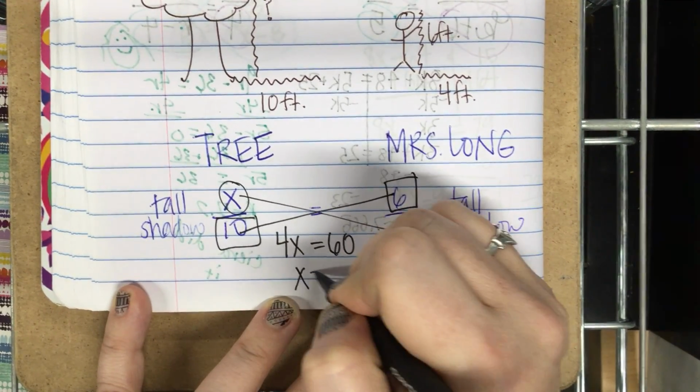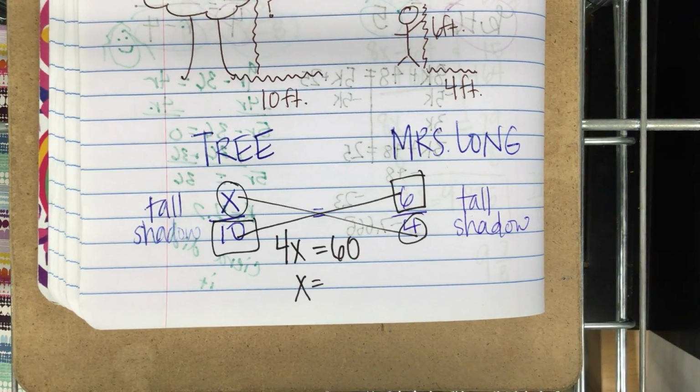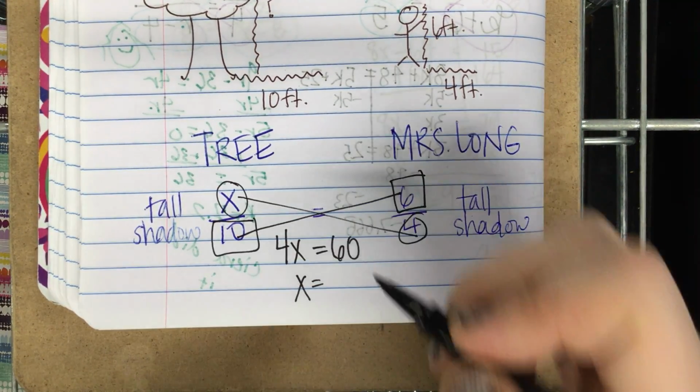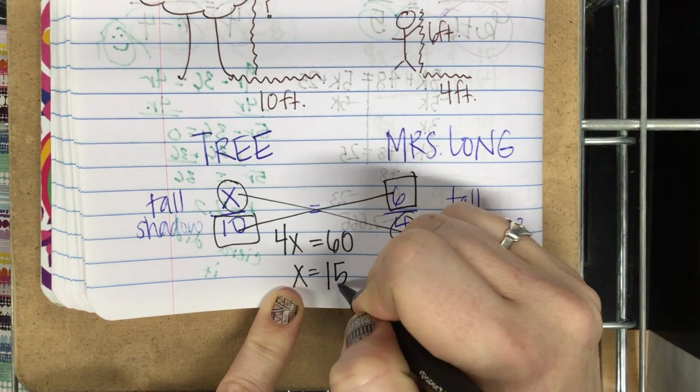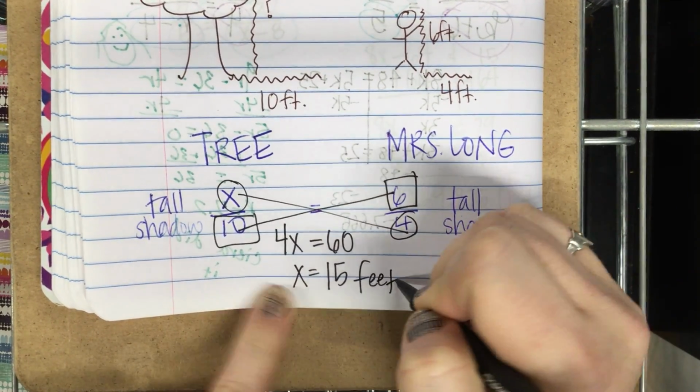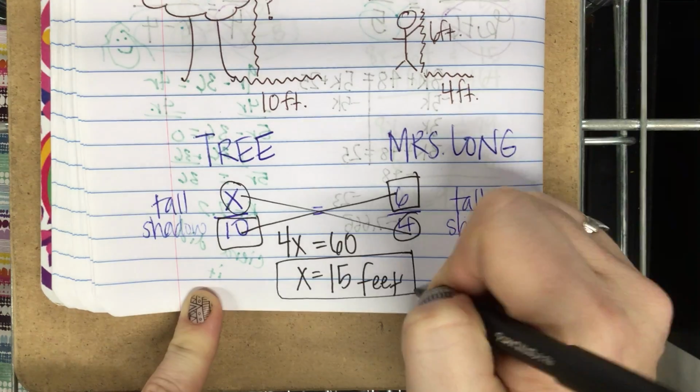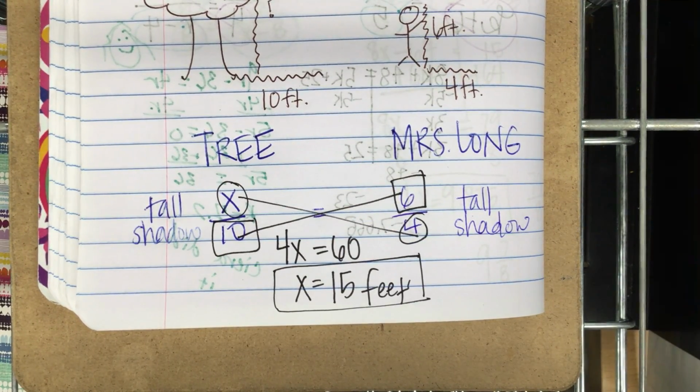So how tall is the tree? 15. How'd you get it? I did 60 divided by 4. 15. Thank you for remembering your label. Indirect measurement. We're using the measurements of one item to measure something else.